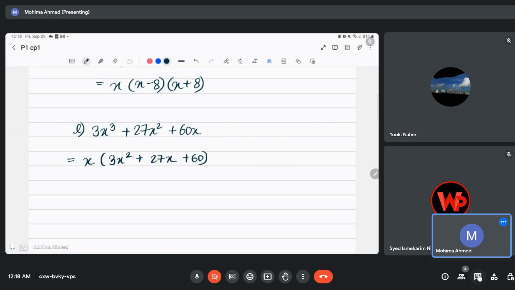Now, the equation inside the bracket exactly resembles your quadratic equation, right? So using the calculator, you can find out the value for x1.